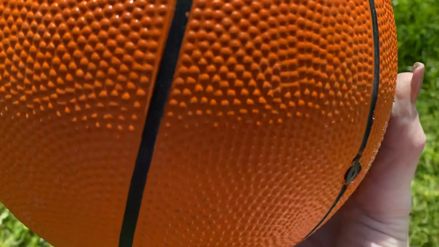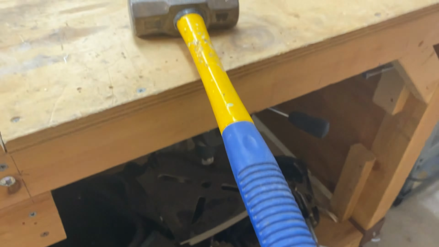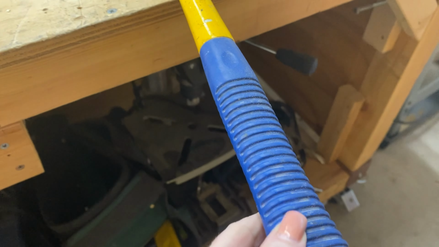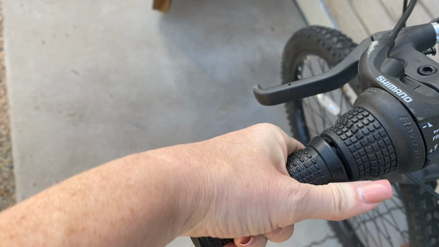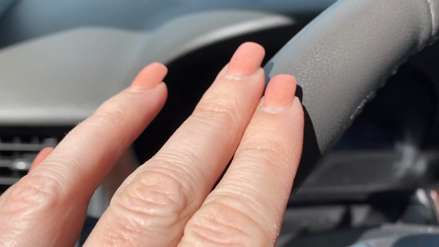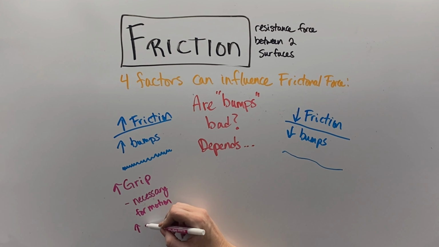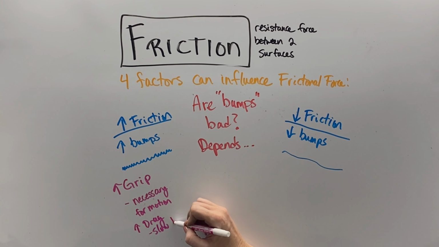Basketballs are super bumpy so that we can grip them. And so are the handles on our tools in the garage and in the kitchen, so they don't fly out of our hands and we don't hurt ourselves while we're using them. Bicycle grips are super bumpy, and so are car steering wheels.